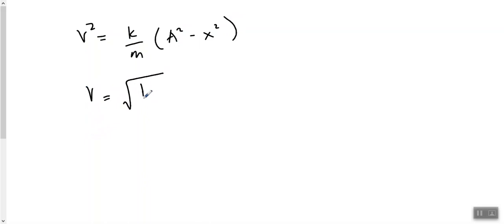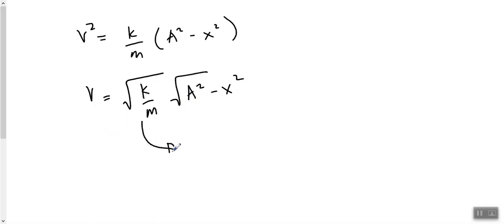There will be times that you might be asked to find the velocity given the angular velocity. So that's another equation that we could use. If we go back to velocity is equal to the square root of k over m times the square root of the amplitude squared minus the displacement squared, we can look at that as v is equal to the square root of k over m times the square root of this.